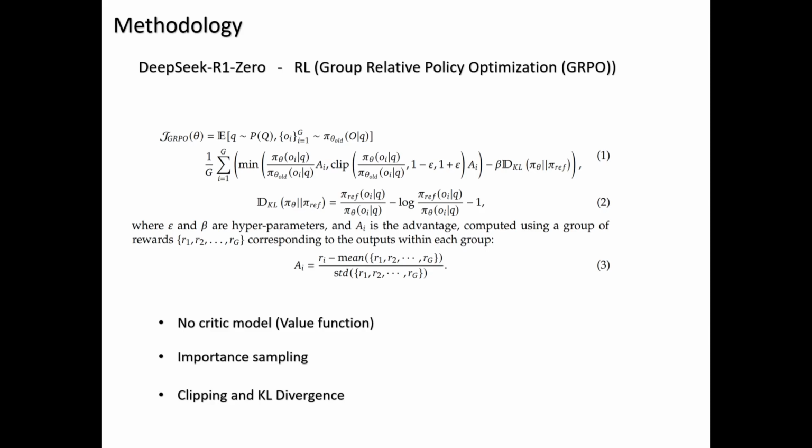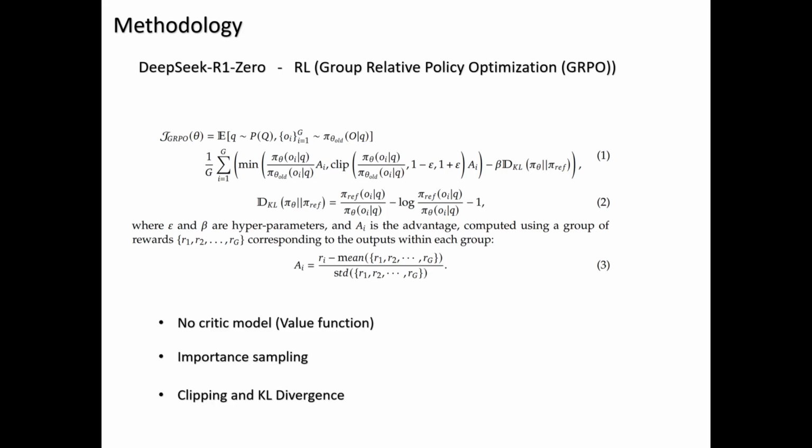So here Q is the questions sampled from distribution P(Q). So this means there is a pool of questions, and they sample a question from this pool, and they generate G answers. Each one is denoted as o_i. And the answers are generated using an older version of the policy model, not the up-to-date one.